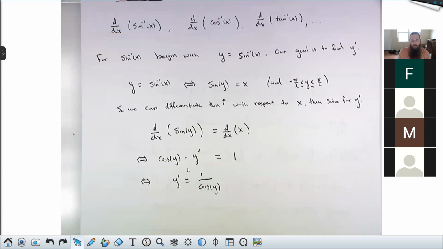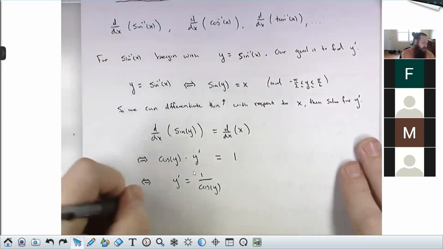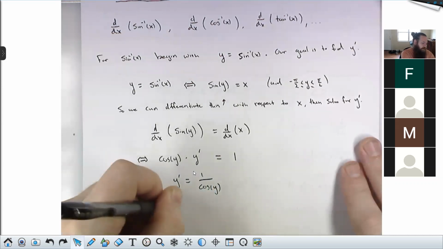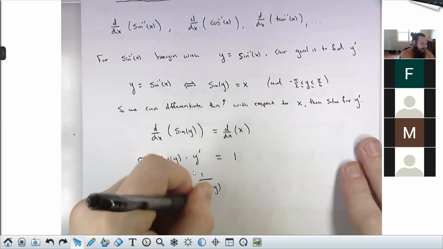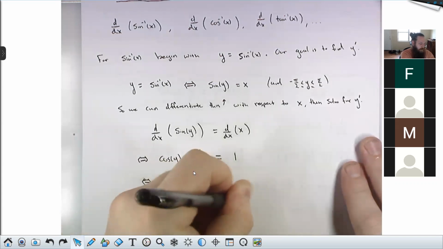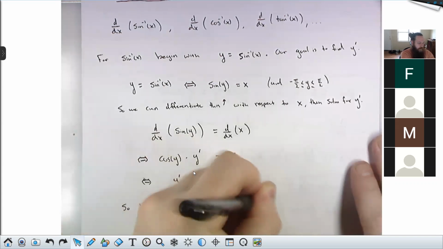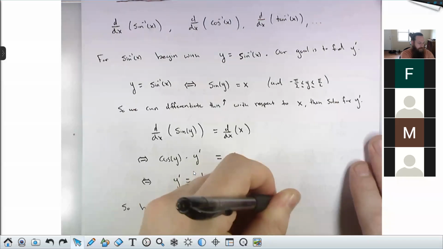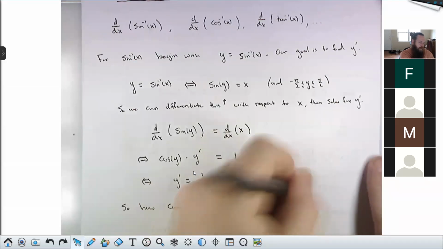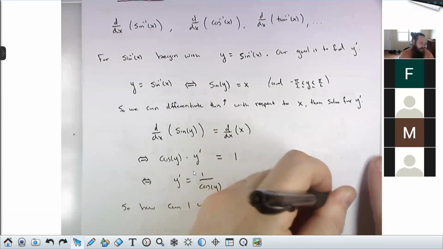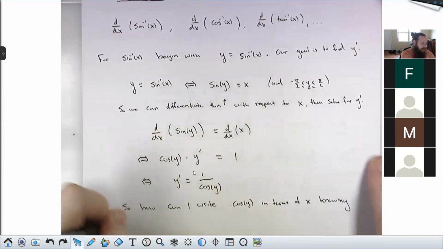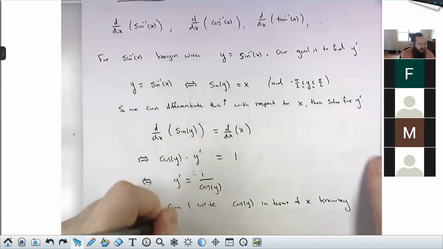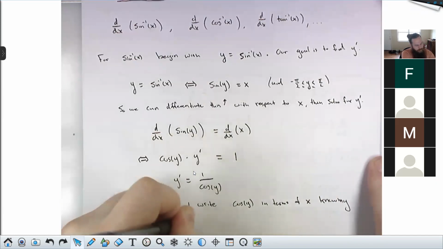So from here, what we want to do is figure out how I can write cos y in terms of x, knowing just that y is the inverse sine of x.